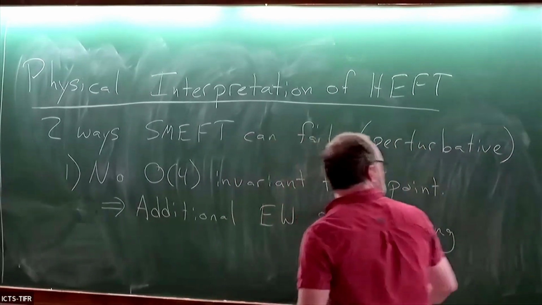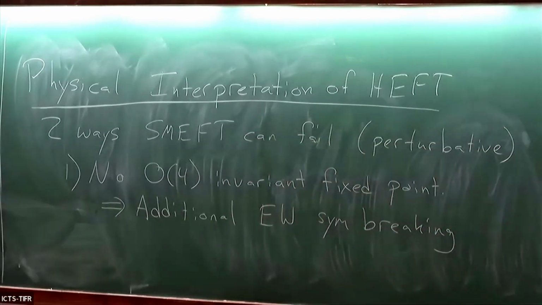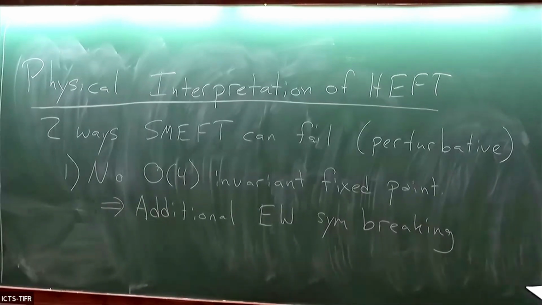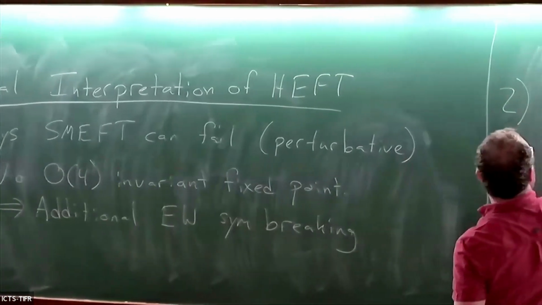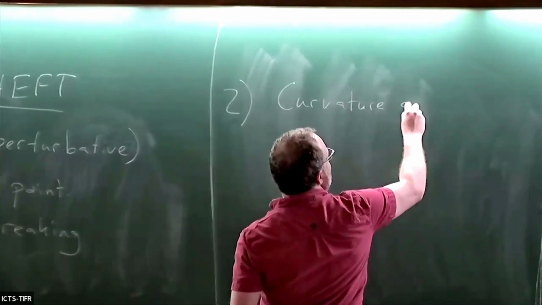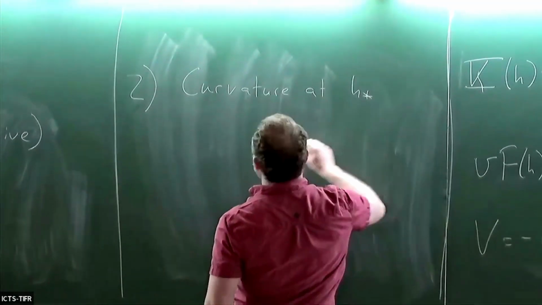So that's simple. And then now we've seen a slightly less trivial case, which is that the curvature at the fixed point is infinite.